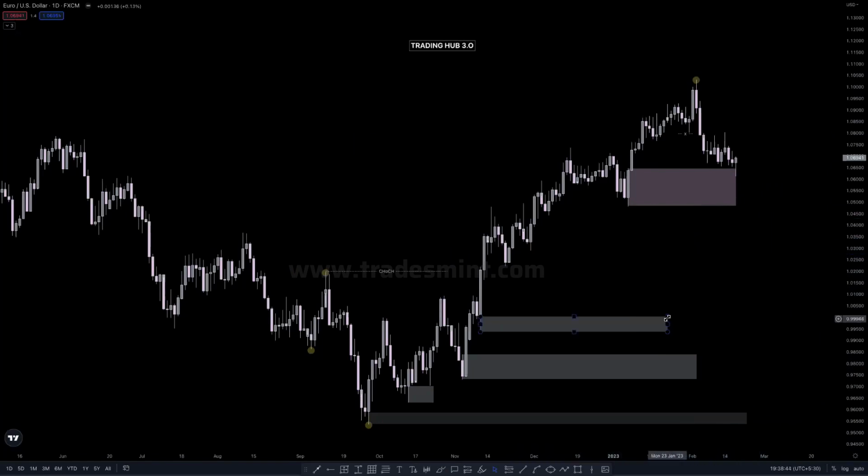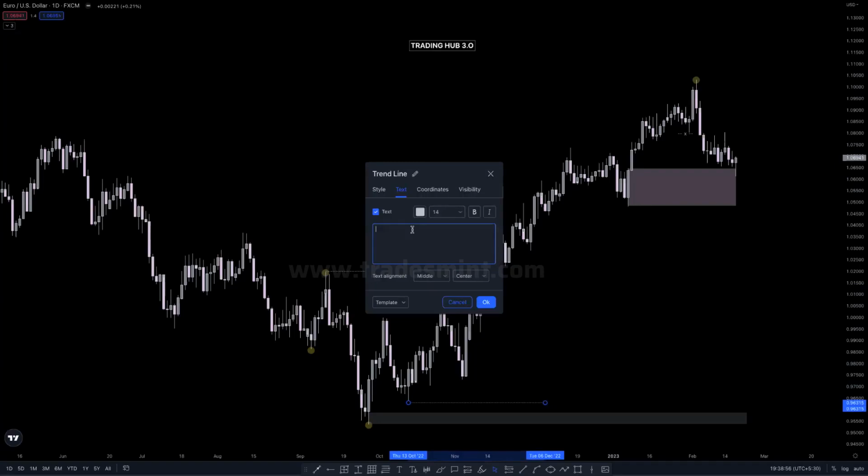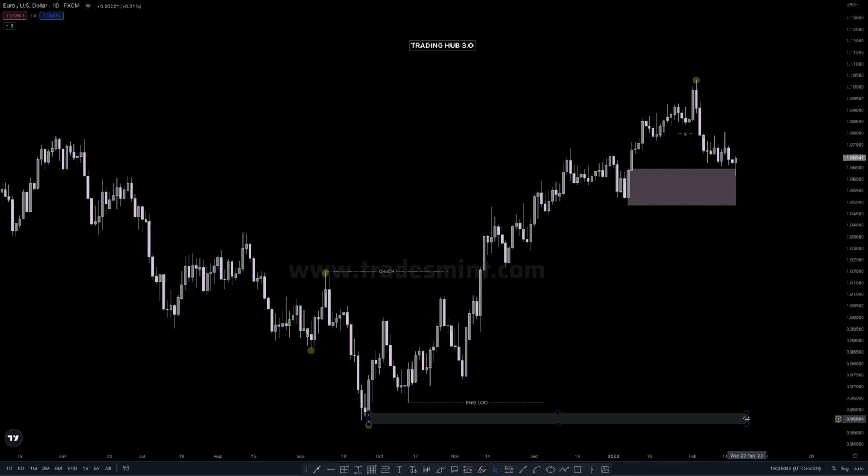And now switch to a lower time frame structure and see what is happening. Some people ask me, where is our engineering liquidity as per this structure? This low is our engineering liquidity, because this is our lowest point, because the extreme order block is here.